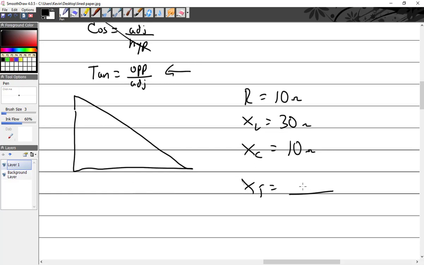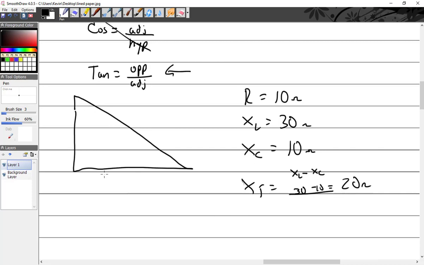What is XT? 20. Everybody should have got that because you have your formulas in front of you and you know that XT is X of L minus X of C, really, or plus a negative. So I have X of L is 30 minus 10 equals 20 ohms.